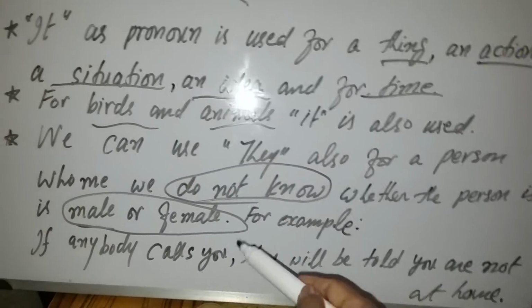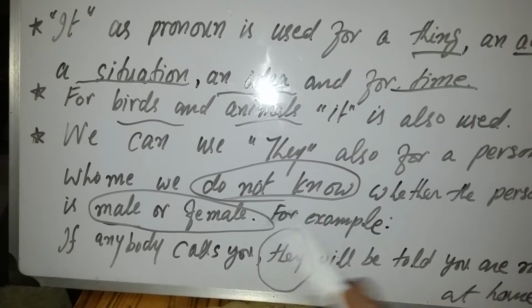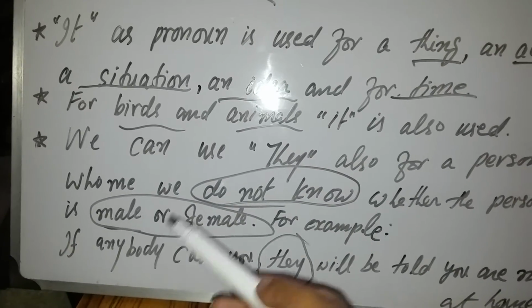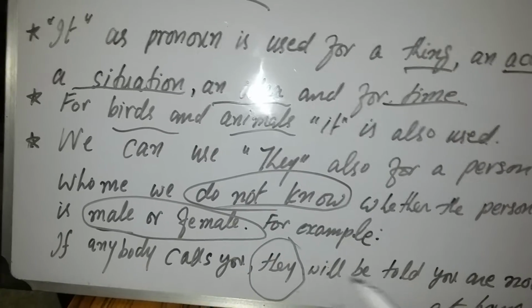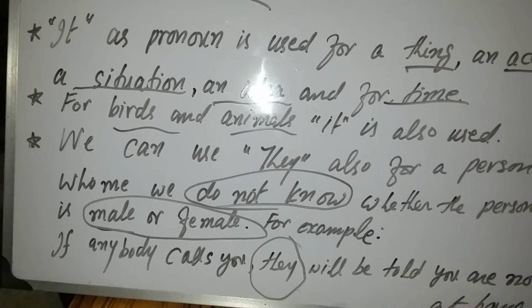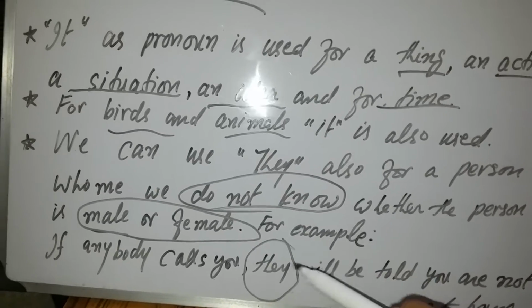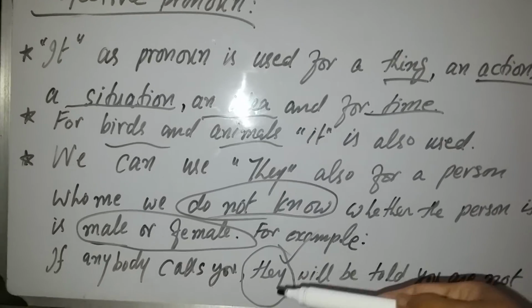Why are we using they over here? We don't know anybody. If anybody calls you, meaning anybody, we don't know that person who will call you, but if he calls you, they will be told you are not at home. Whether he is male or female, I don't know about him, but we can use they as a subject in such types of sentences.